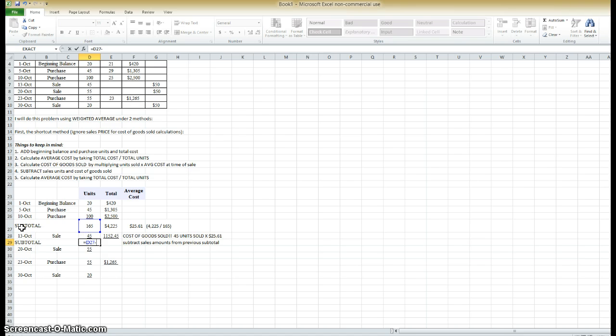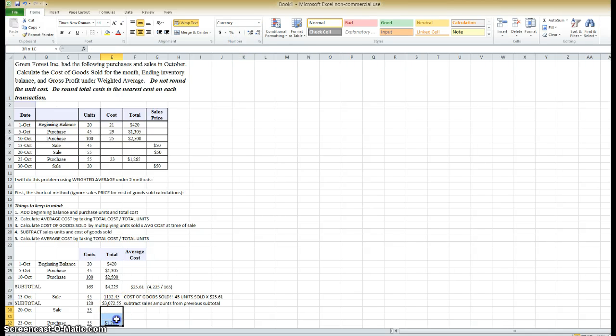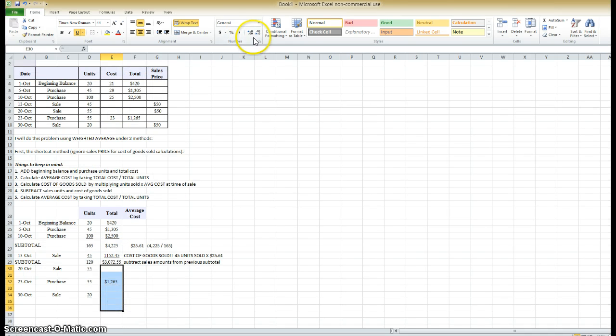So we'll take the 165 and we'll subtract the 45. We'll do the same thing for the cost. And we'll add a couple cents in here. Make everything go to 2 cents. Okay. We'll do that afterwards, which is fine.